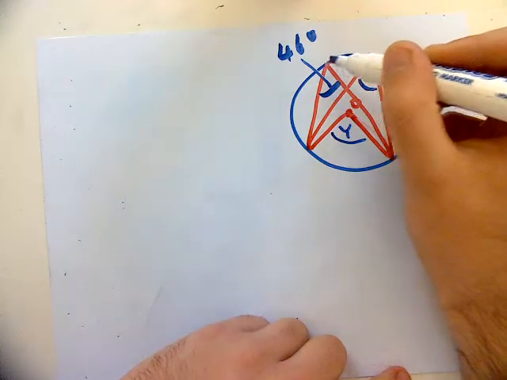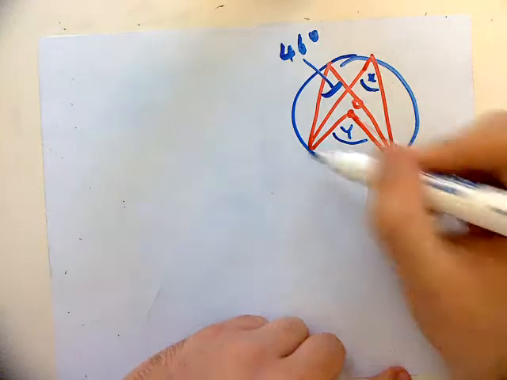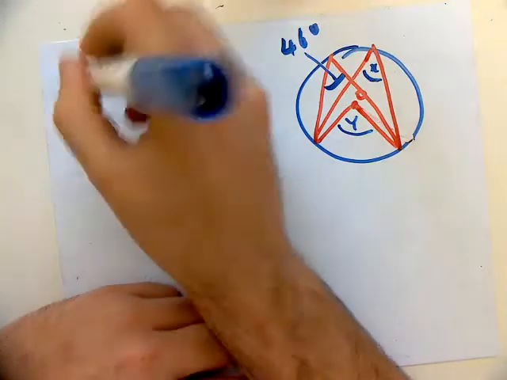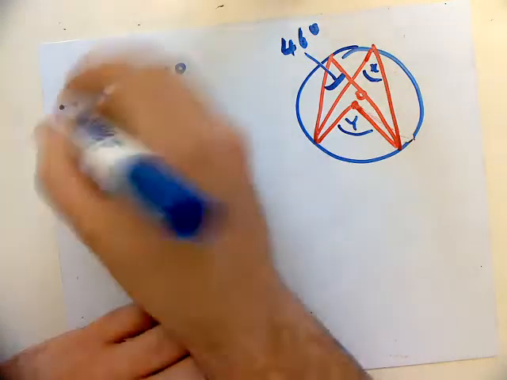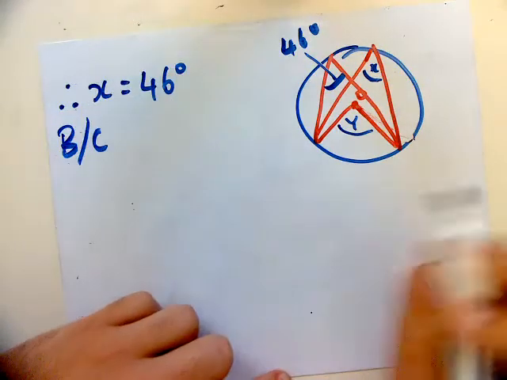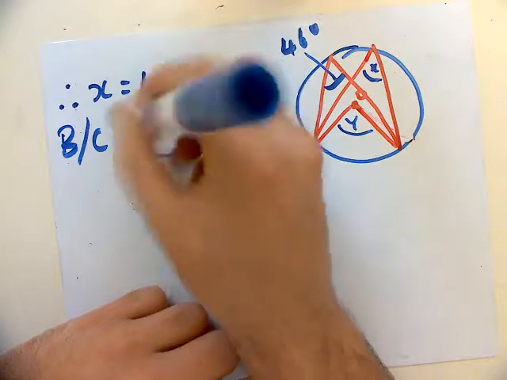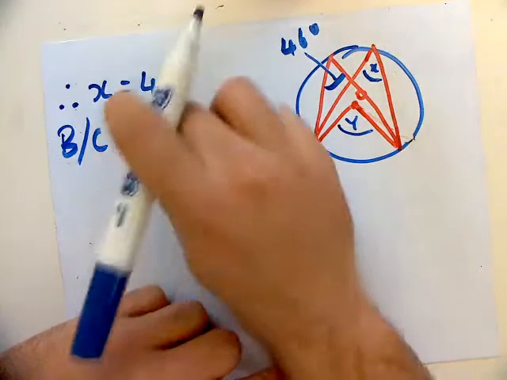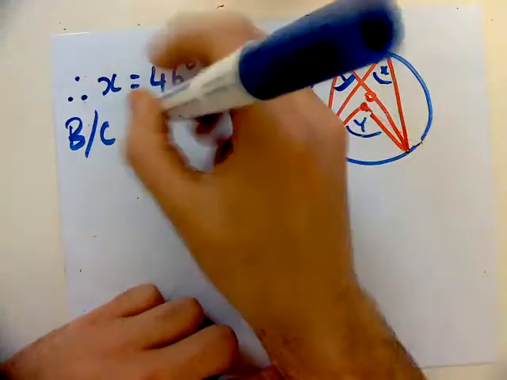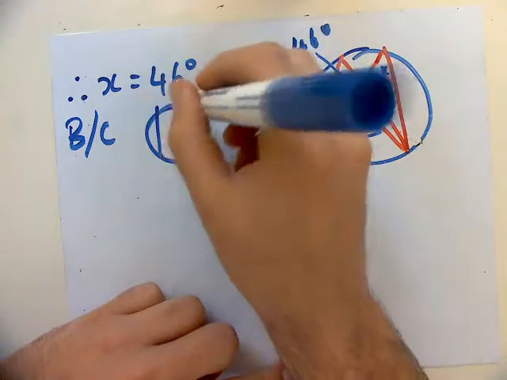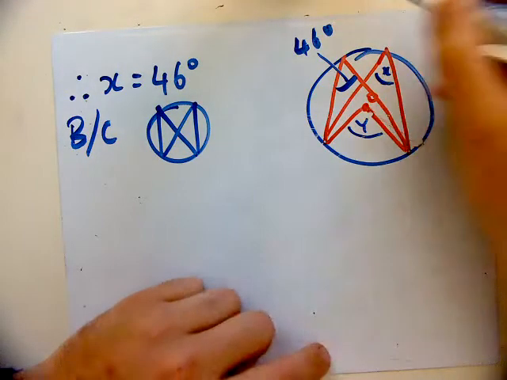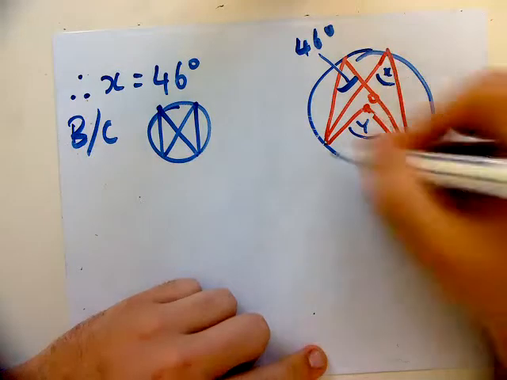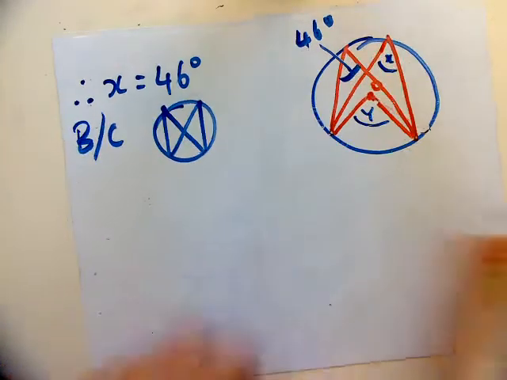Its vertex is on the circumference, and it stands on the same arc. So therefore, we can say X equals 46 degrees because of our second, didn't draw that properly, because of theorem 2. Okay, we established it met both the criteria that we needed to actually say that X is going to equal 46 degrees. They stand on the same arc, both points are on the vertex.